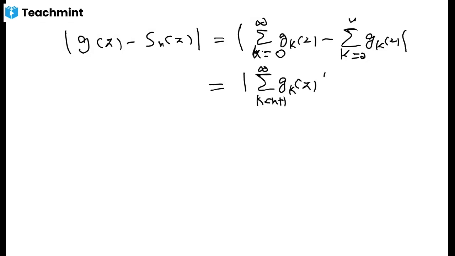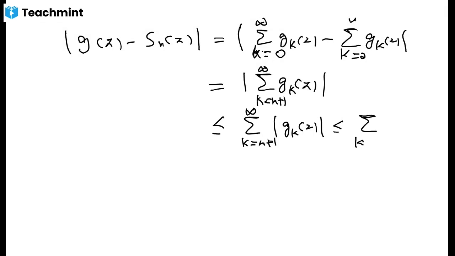Now for each z I can use the previous inequality, because it is pointwise convergent: it is less than or equal to the sum from k = n+1 to infinity of the modulus of g_k(z). By hypothesis, each g_k(z) is at most M_k, so it is at most the sum from n+1 to infinity of M_k.